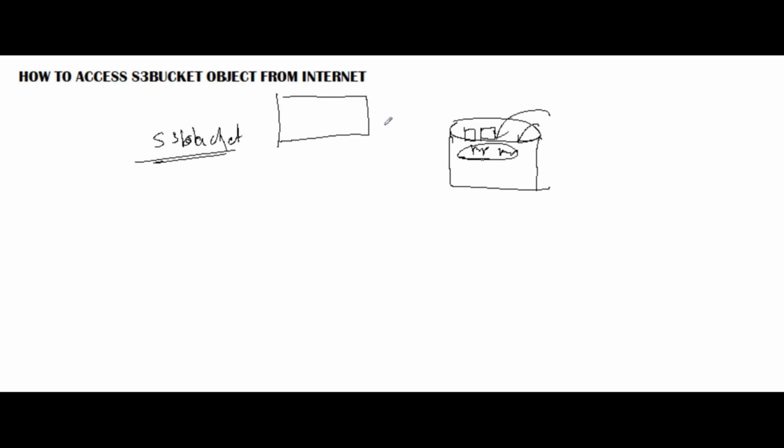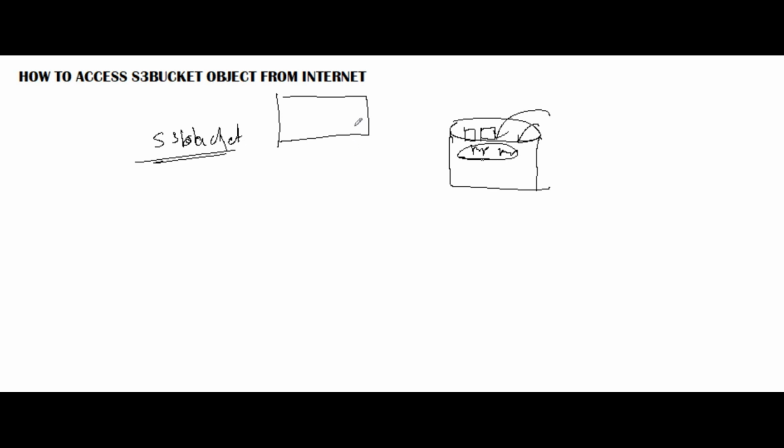To get the most out of Amazon S3, we need to understand a few simple concepts. Amazon S3 stores data as objects inside the bucket, as I already told you. Now we need to understand what is ACL.